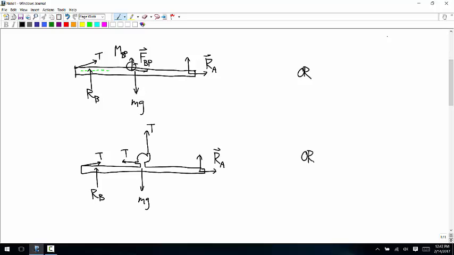But even though we only have 4 variables, we have 1, 2, 3, 4, 5, 6 places where we're going to have to calculate the moments. That's okay. It doesn't take too long. But we can actually cut down on the amount of work if we notice that we could include this strip of the cable in the free body diagram.